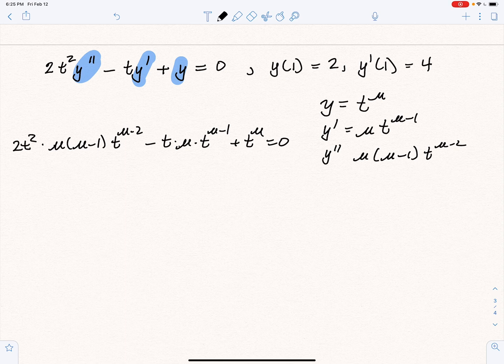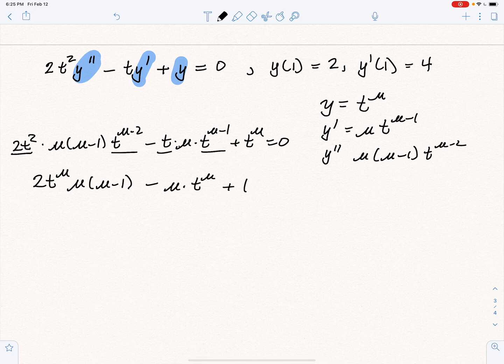So the immediate thing I see is that some powers of t can be collected here, and wouldn't you know, they all turn out to be t to the mu. So we have 2 t to the mu times mu minus 1 times mu, minus mu times t to the mu, plus t to the mu equals 0.